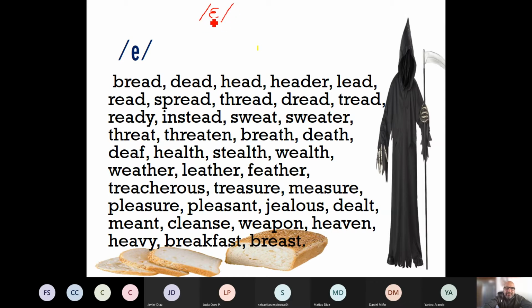In some online dictionaries, you will see this symbol, but we're going to be using this one, which represents the same sound, the same phoneme, okay? So the sound is A, right?